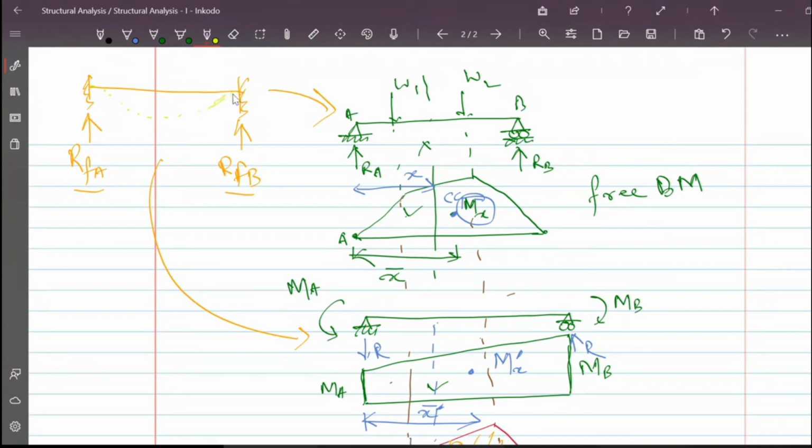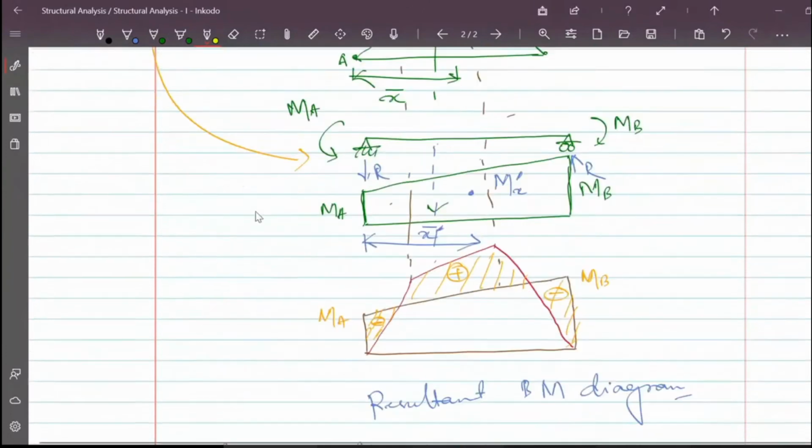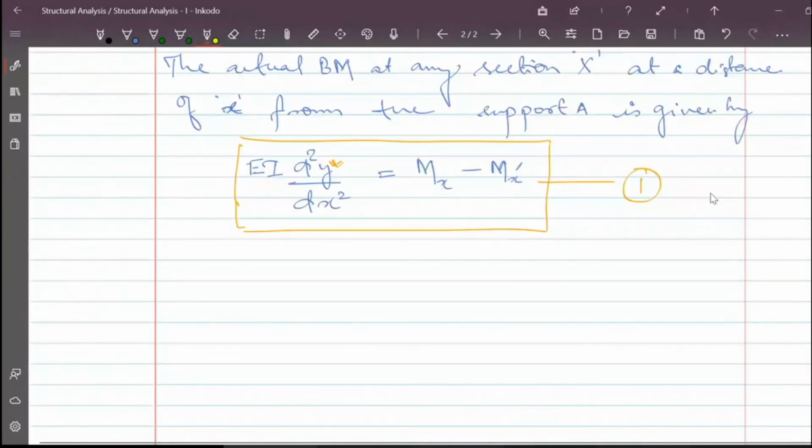Okay, so at this end the slope will be 0, and here the slope will be 0, and here we will have some value of y. That y we will get from the integration of this equation 1.